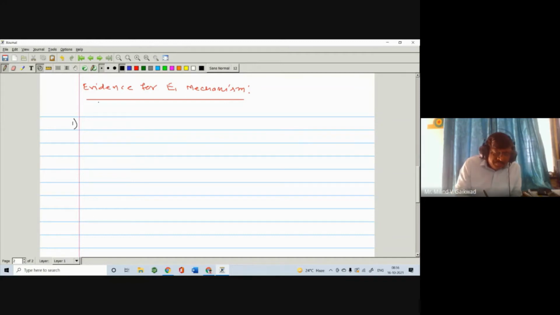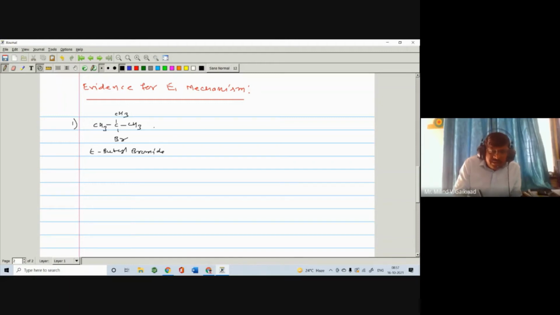So here, if I take such a type of substrate, here is a CH3, here is also CH3, and here is Br. This is tertiary butyl bromide.